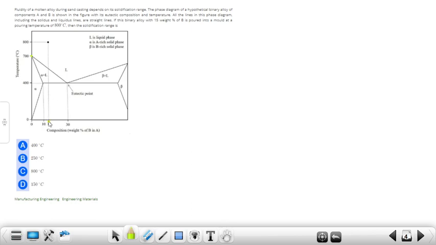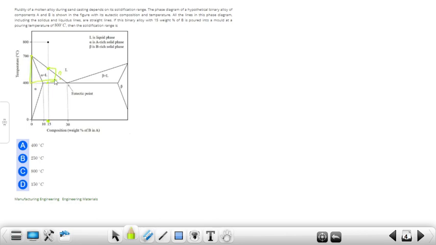So this is the 15%. We have to find this temperature range. So comparing, all are given as linear diagram.